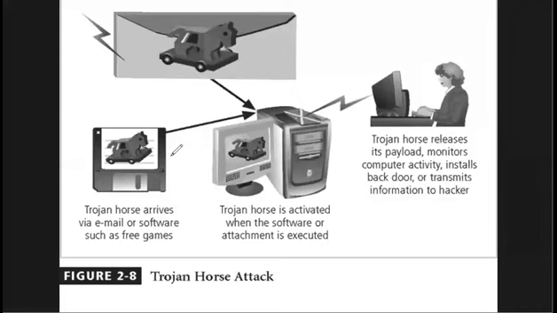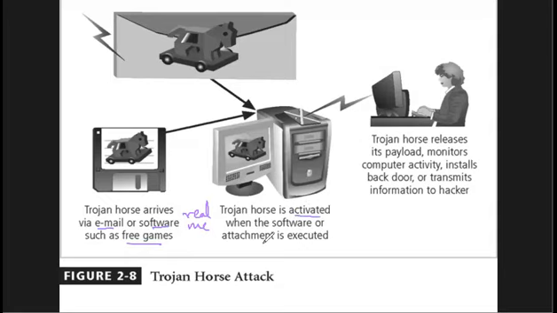Now in here, there is a diagrammatic representation. This Trojan horse can be activated via any email, or any software that you're installing with the readme files, or free games. When you open this file and execute it, the Trojan horse is going to activate itself.